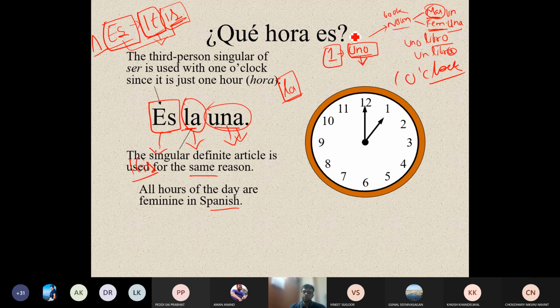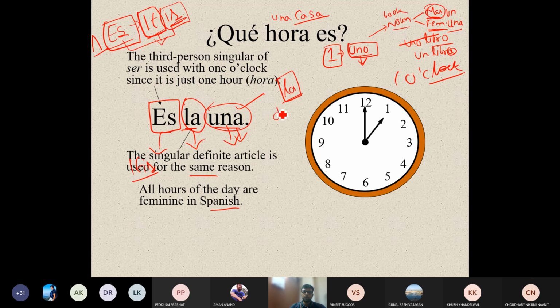Similarly, if it is one house, casa is house. Again, instead of using uno, you should be using una casa. This type of thing, where you are using uno, un or una, happens only with the digit 1.